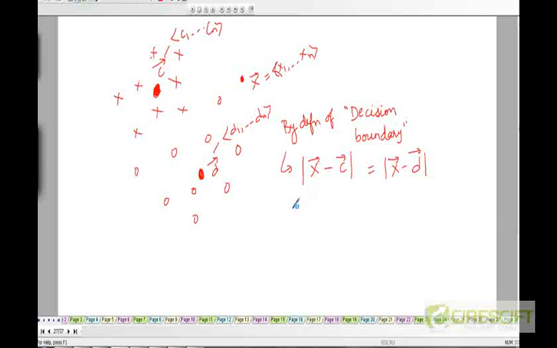Well, from simple vector algebra, it's going to be the square root of (x1 minus c1) squared plus (x2 minus c2) squared and so on till (xn minus cn) squared, right? For example, if all these are points in a two-dimensional space, then x will have an x1 coordinate and an x2 coordinate. So this is just the Euclidean distance formula.